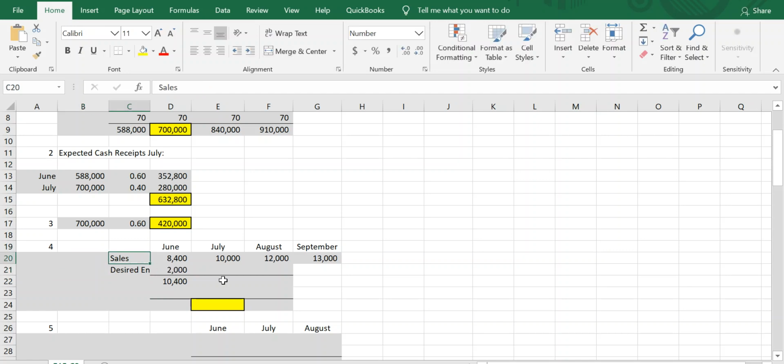I need to move this over. It's not going to fit. So sales, desired ending inventory.